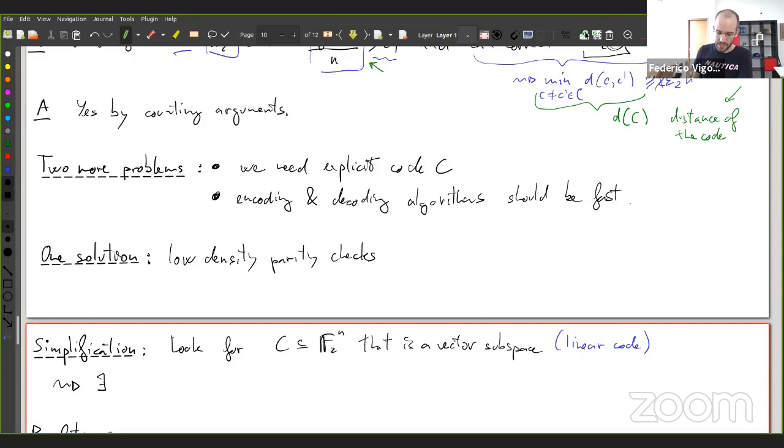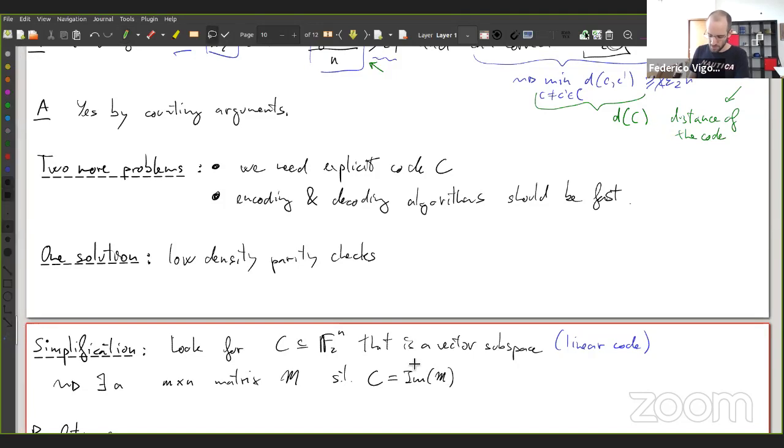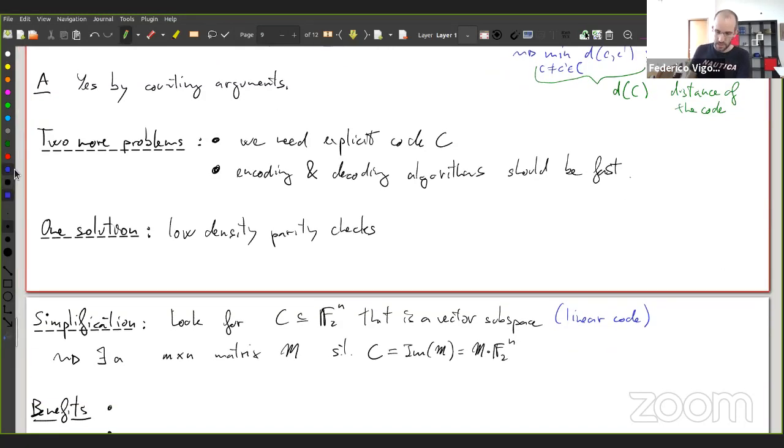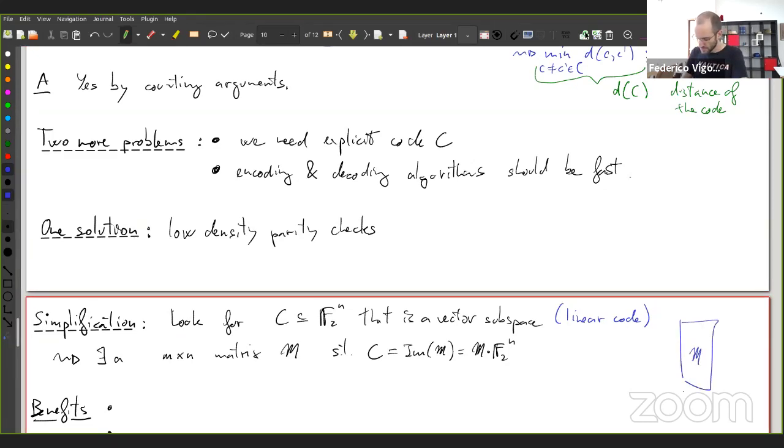That is, there exists an m times n matrix, which I call M, such that C is equal to the image of M, or if you want, is equal to M times F to the N. So you have your big matrix M, and then you have your small vector m that you want to encode.